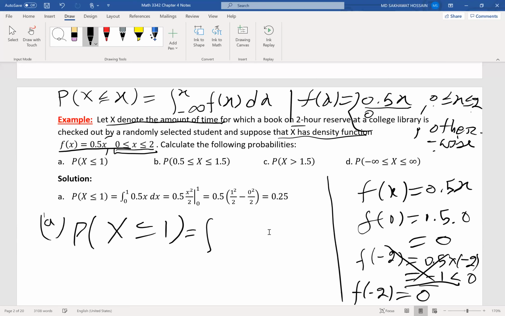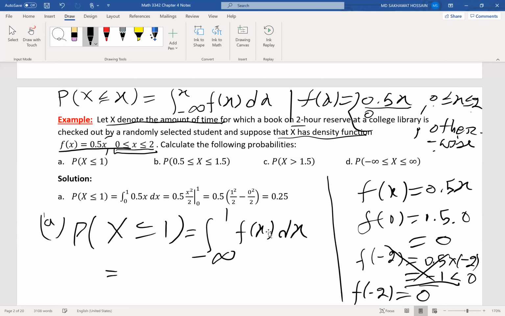So this is the general definition of probability for a continuous random variable. Here we have x less than or equal to 1, so that means the integral from minus infinity to 1 of f of x dx.